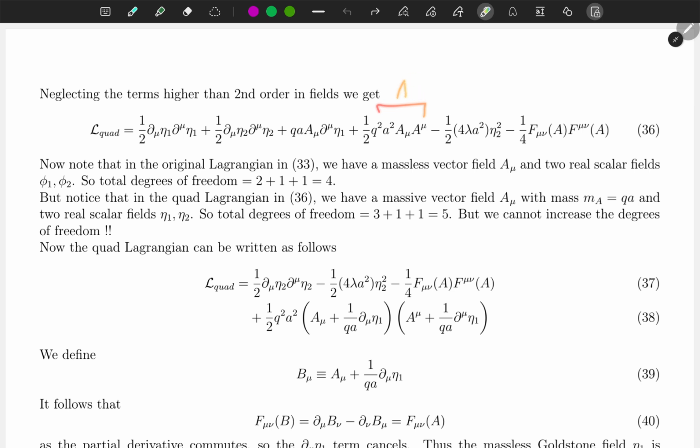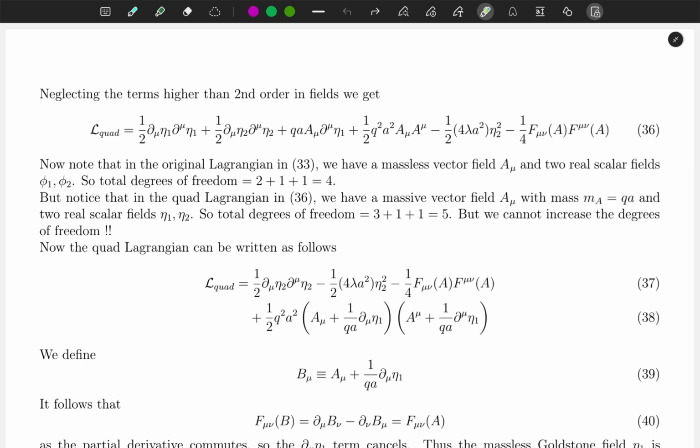This is also quadratic in the gauge field A mu. This is also quadratic in the eta 2 field, and this is also quadratic in the A mu fields because these are derivatives of this kind. So the multiplication of these two will give the kinetic term that is also quadratic.